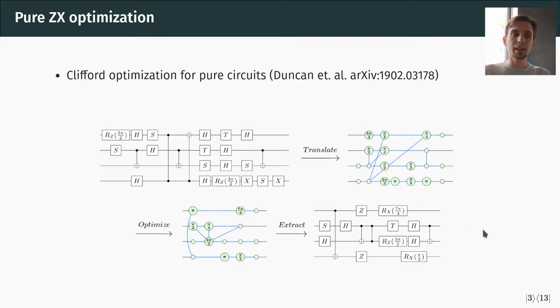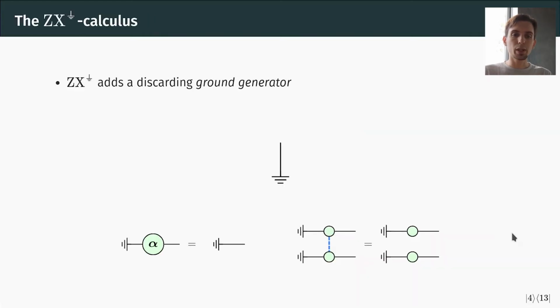The problem is that the ZX calculus only allows for pure quantum operations. So we have to use an extension called the ZX ground calculus. This extension adds a new information discarding operation that will let us represent measurement.